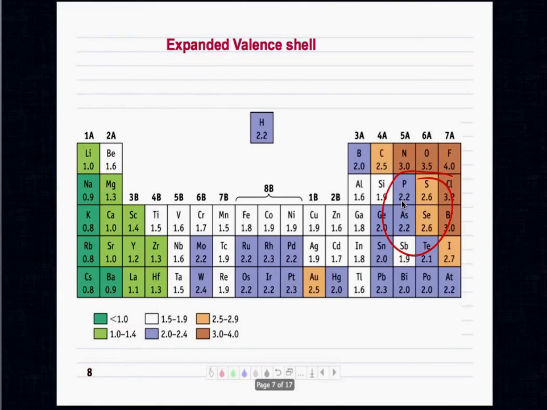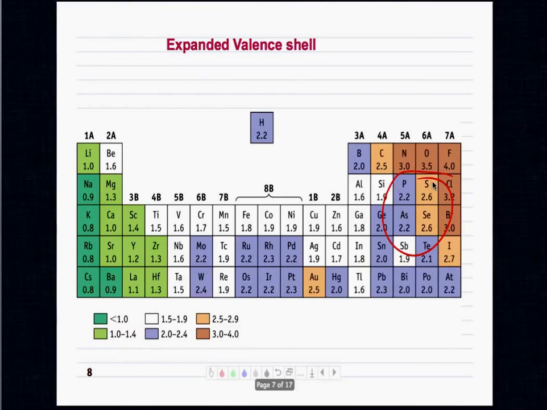In other words, some elements are going to have 10 electrons around them, 12 electrons around them. And those are from period 3 and on. All of these can make an expanded valence shell.